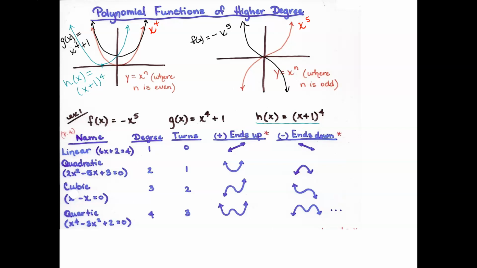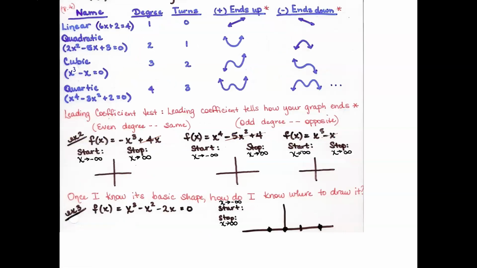So again, if we go back to that one we were just talking about a second ago, if we had a positive quartic, the leading coefficient would tell me it ends going up. Because it's even, I would know that it starts and stops in the same direction. So I would know that it starts going up, it stops going up, and it turns 3 times in between. So again, we're trying to find things that will help us to be able to graph without having to plot a bunch of points, right?